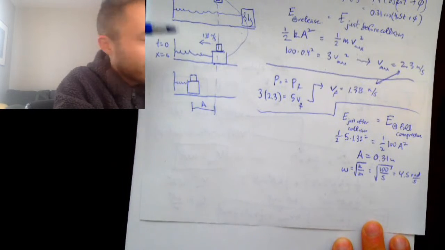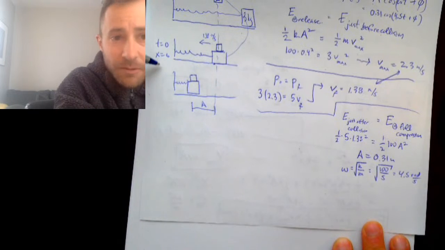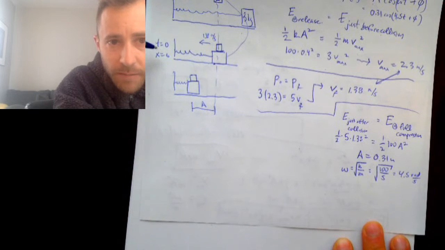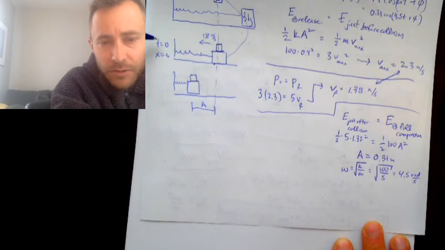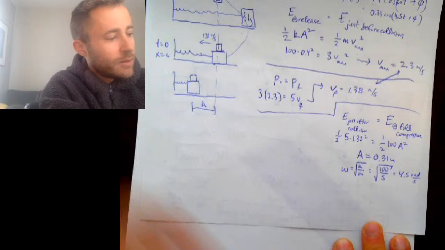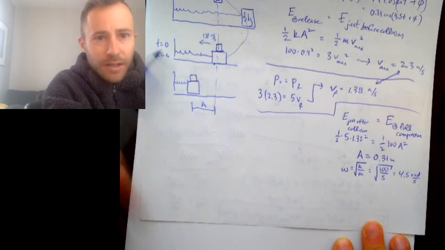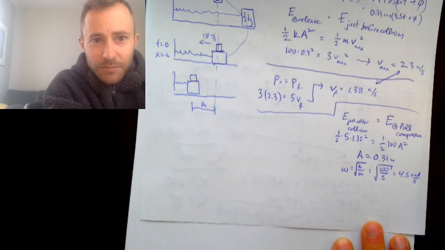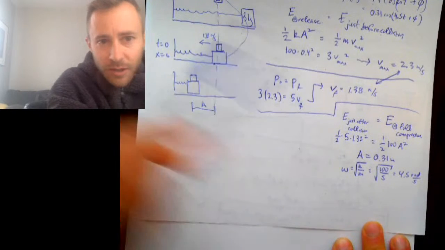So we know it has to be a sine function, because the sine function equals 0 at time 0. Sine function starts at the origin, not cosine.